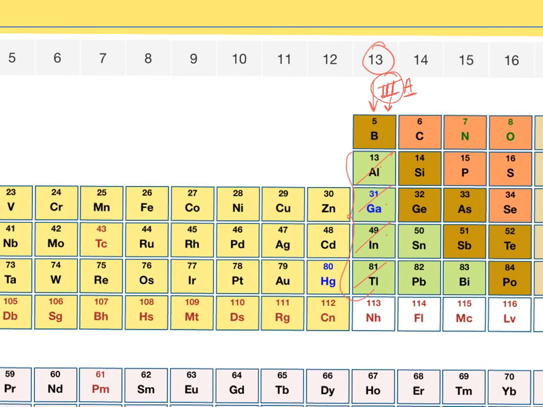So all the metals that you have in group 13 have oxidation number plus 3. Sometimes they behave in a different way, and you have to be careful with lead because lead has more than one oxidation number.